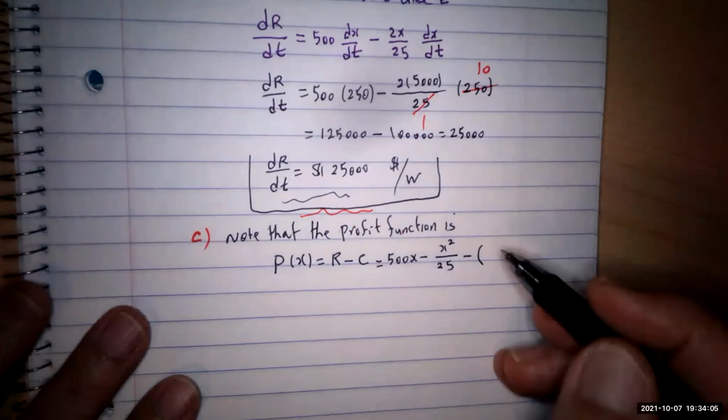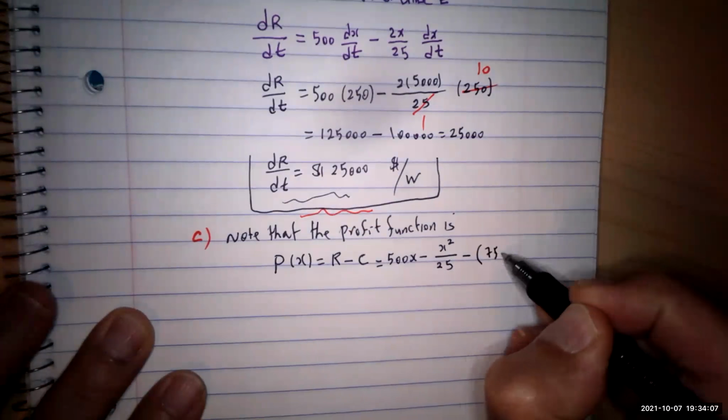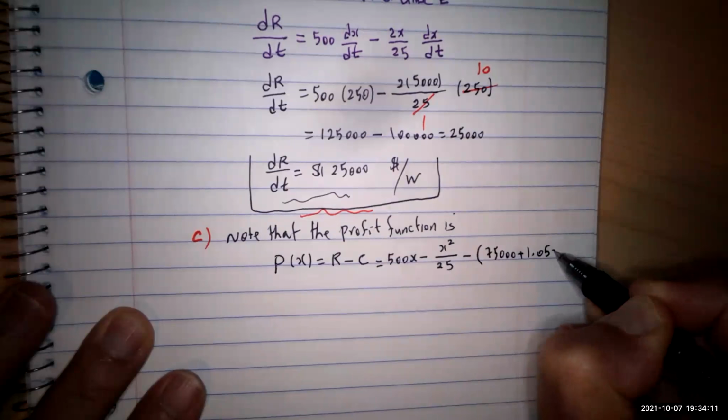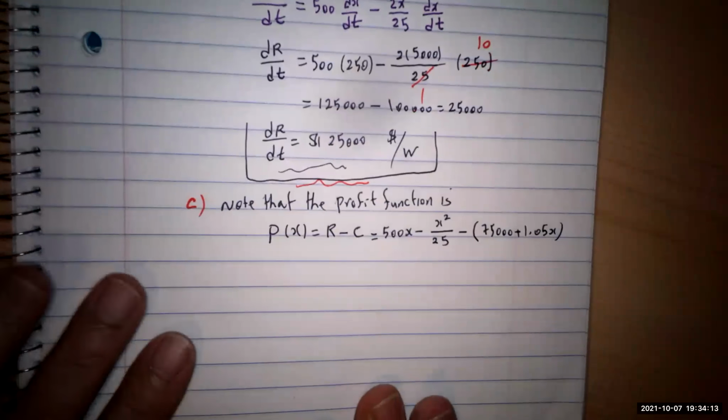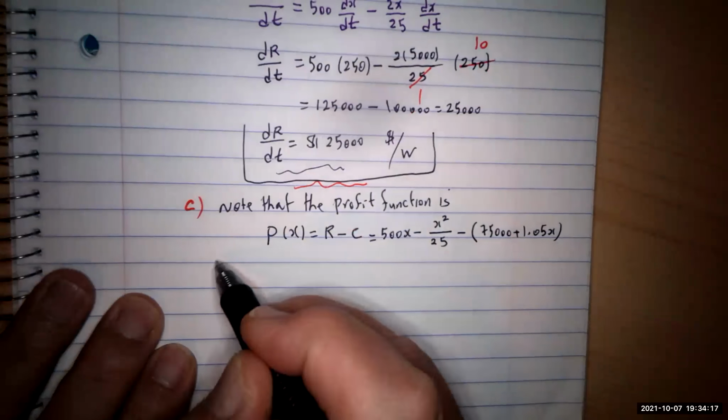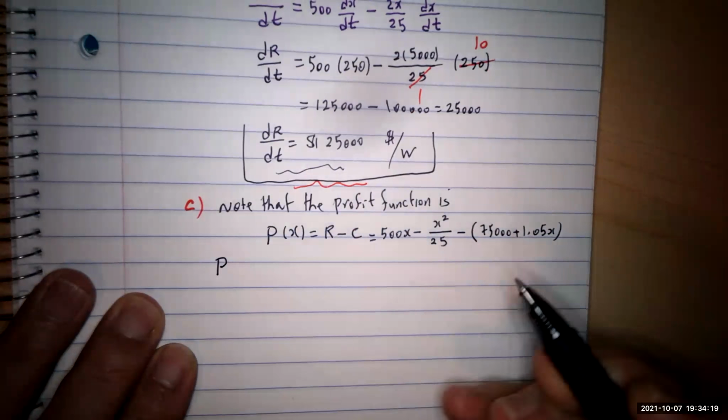So what was the cost function? The cost function is 75,000 plus 1.05x. Now apply the negative sign inside to get your profit function. We call it P as it is in your book.